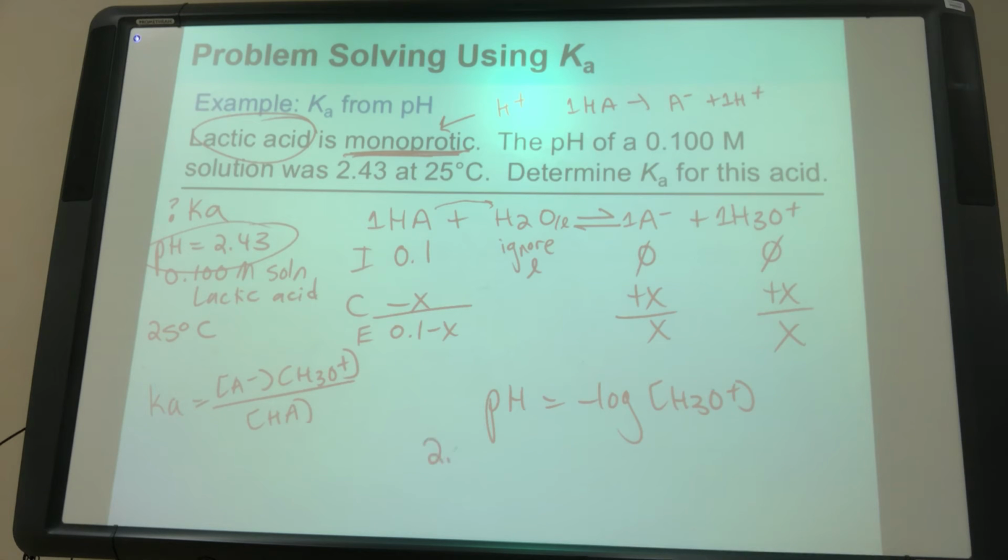So pH is 2.43. Move the negative, and take 10 to the power of both sides. I get that the H3O plus concentration is 10 to the negative 2.43, which is 0.0037.